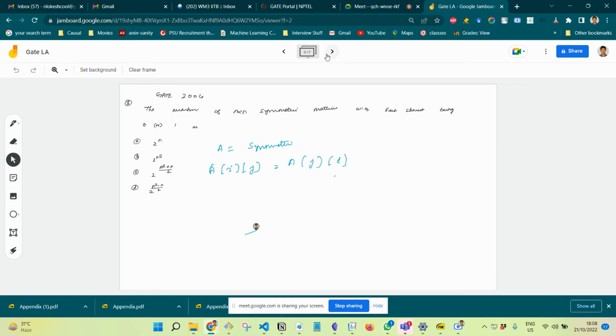Now, because you have this structure in a symmetric matrix, you have freedom to choose entries only for either the upper triangular or lower triangular part. Let's assume this is an n cross n matrix.